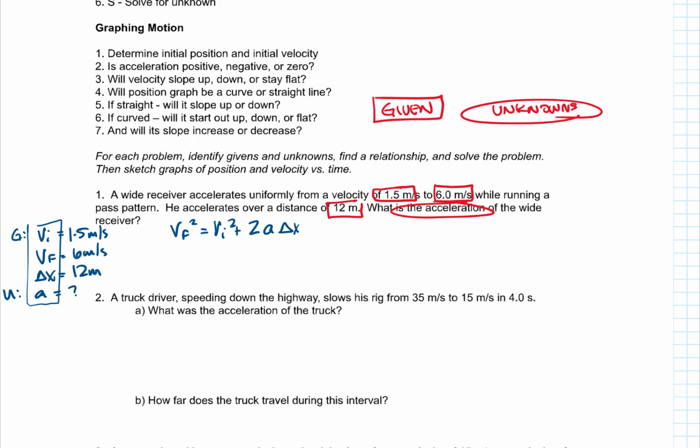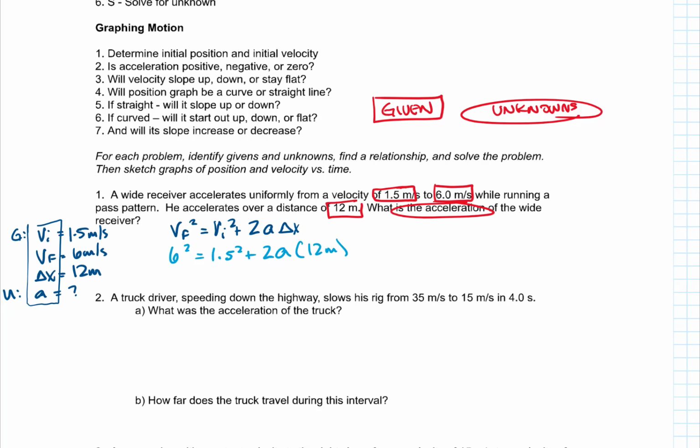We're going to plug in the numbers that we have. So 6 squared is equal to 1.5 squared plus 2 times the acceleration. We don't have the acceleration. Times delta x of 12 meters.